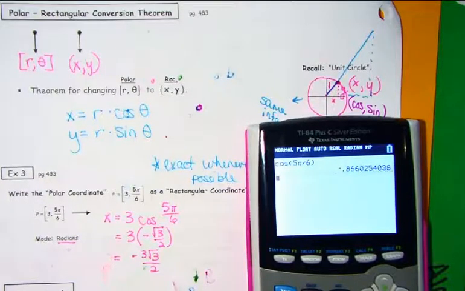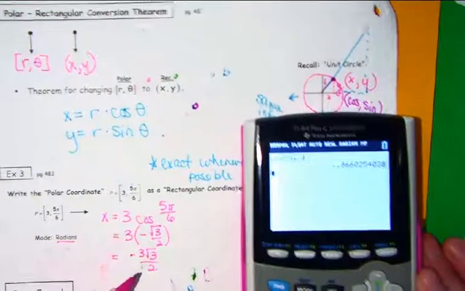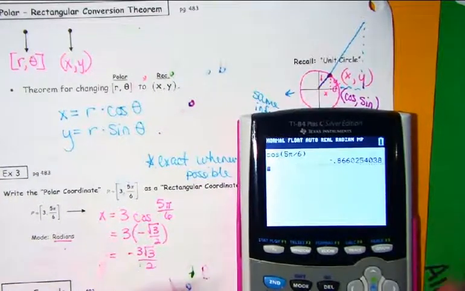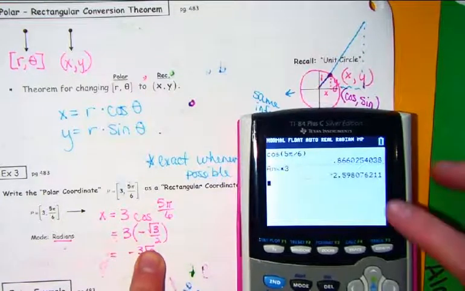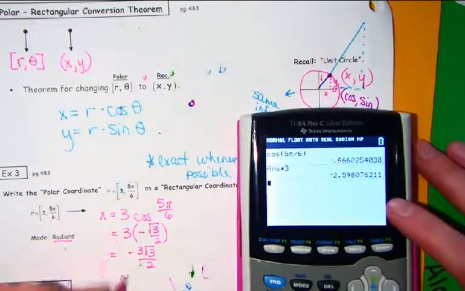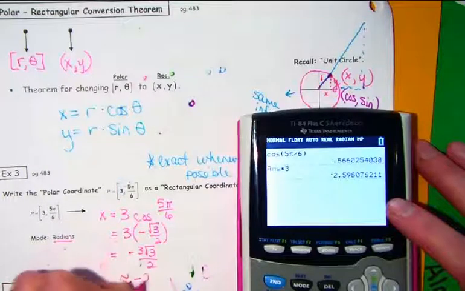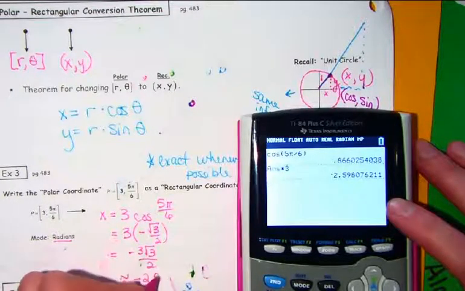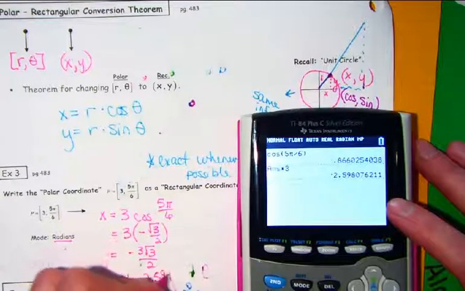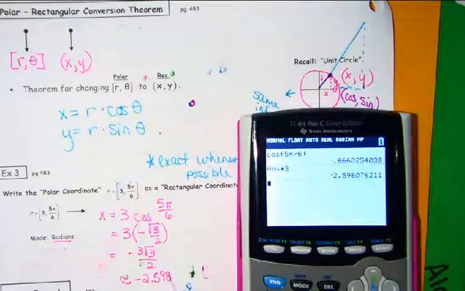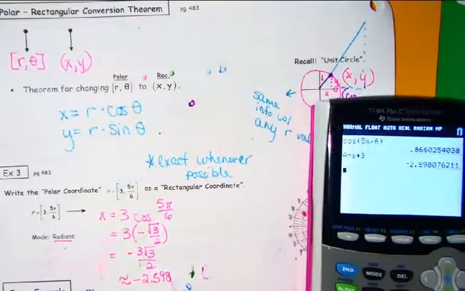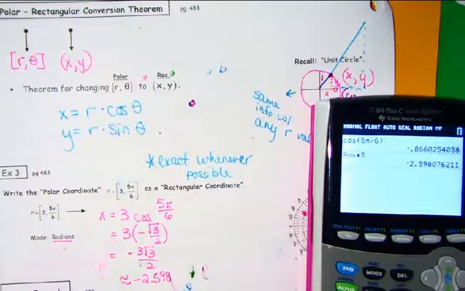Now I kind of want to get an estimate about what that would be as far as a decimal. So if I take this answer now, remember that's our cosine, I need to multiply it by 3. And I'm going to see that it's approximately equal to negative 2.598. We'll go ahead and take it out 3 decimal places. So that's our x value.